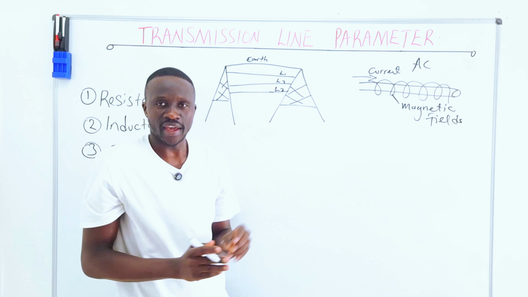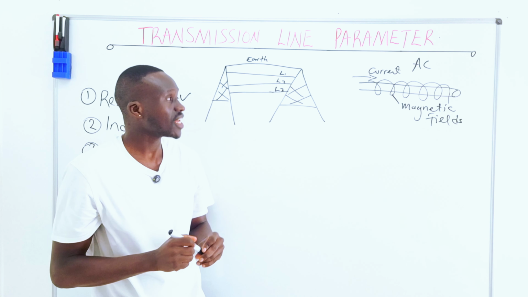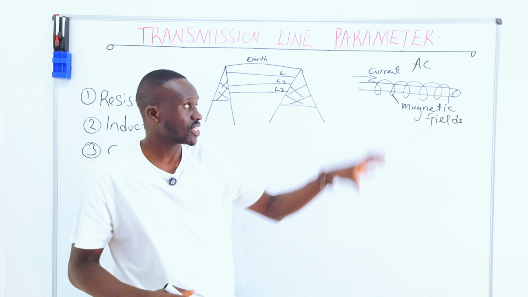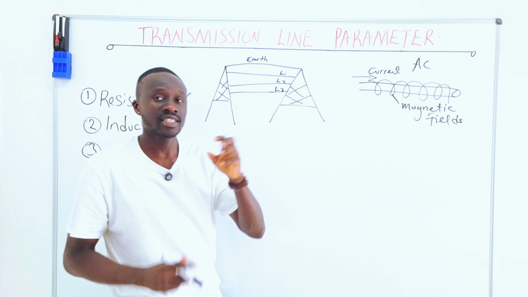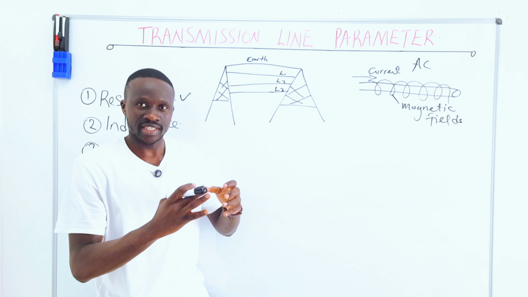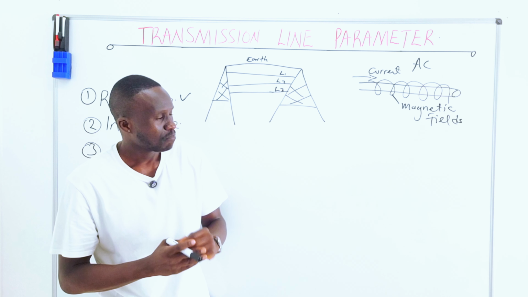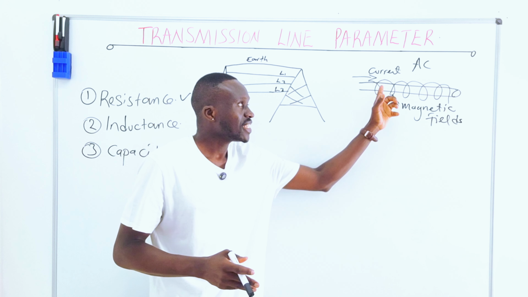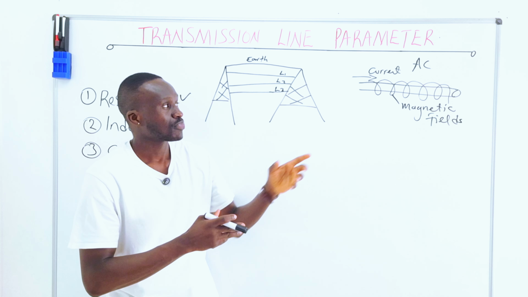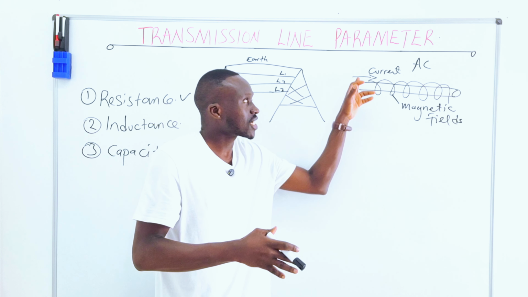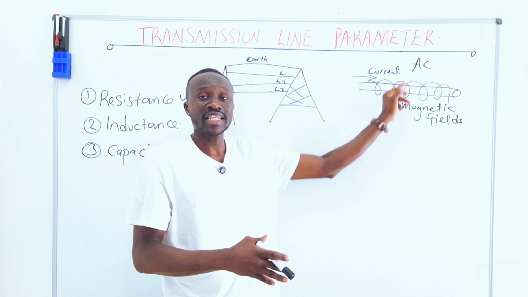And this magnetic field, since it is AC, goes on and off, it alternates, as the name alternating current says. It creates these magnetic fields, and the power which is pushing this current creates these magnetic fields.